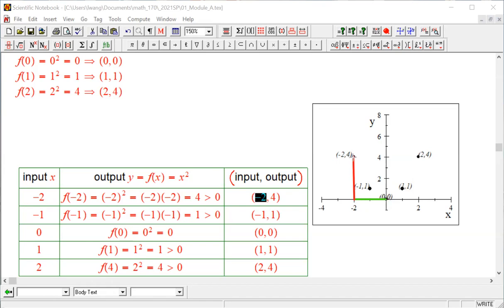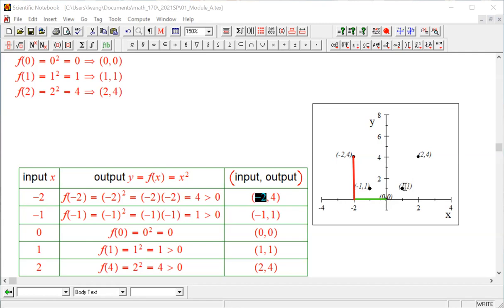The output is a vertical measurement from the origin. So from the same point of reference, but one is horizontal, the other one is vertical. And all the other points are done the same way. That's how we read the chart. So all the points are in place: -2, 4; -1, 1; 0, 0; 1, 1; 2, 4.